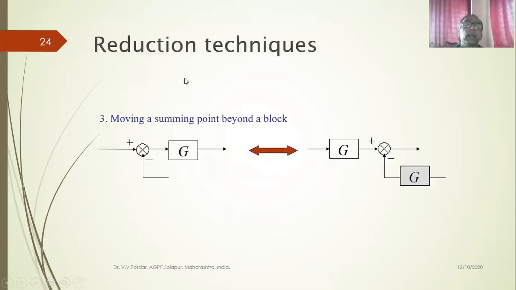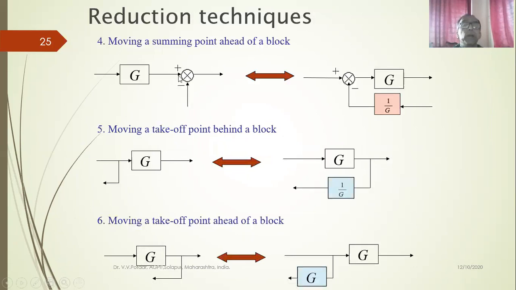Rule number 4, moving a summing point ahead of a block. In the earlier case, I was moving the summing point beyond a block. Now, in the next rule, I am moving the summing point ahead of a block. Or, in other words, I am taking this block inside the loop. Earlier, this block was outside the control loop.